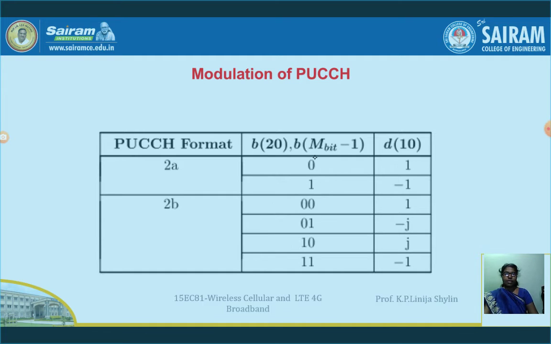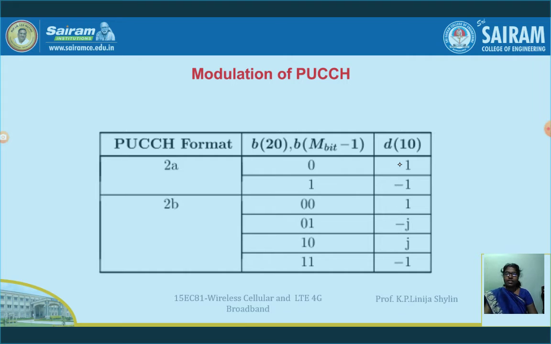This diagram clearly shows that the complex valued symbols are multiplied with a length 12 cyclic shifted version of what we call a Zadoff-Chu sequence. This Zadoff-Chu sequence is a mathematical sequence. When applied to a signal, it gives rise to a new signal with constant amplitude.